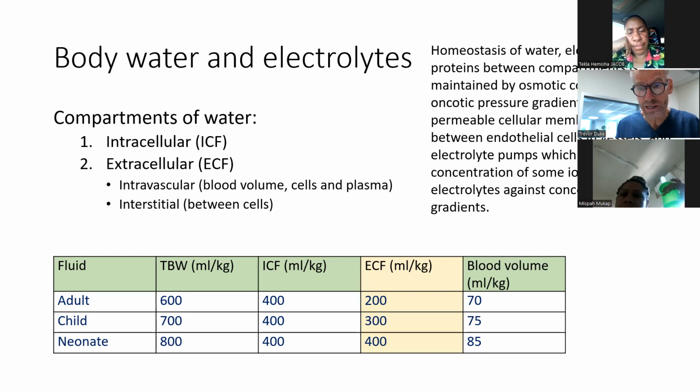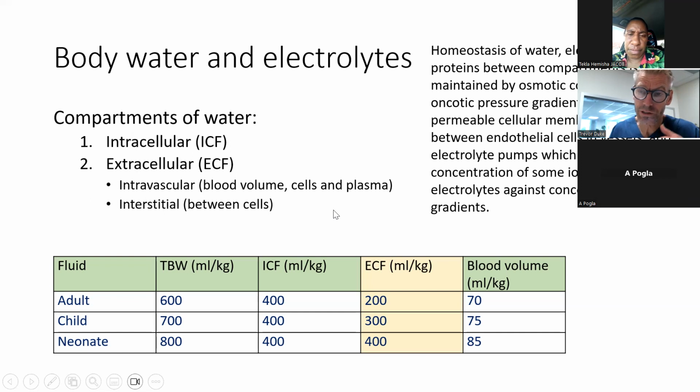They remain remarkably constant in a patient, in a child, unless there's some disturbance of the things that I've mentioned: the cellular membranes, the electrolyte pumps, the osmotic pressure, or the oncotic pressure of the blood. So just remember those things as basic pathophysiology and what maintains our electrolyte and water homeostasis or equilibrium within the body.